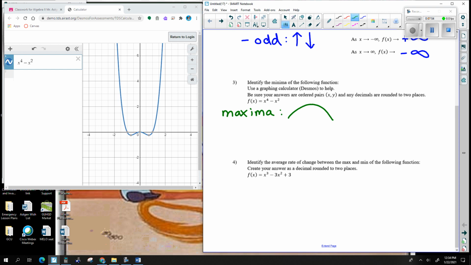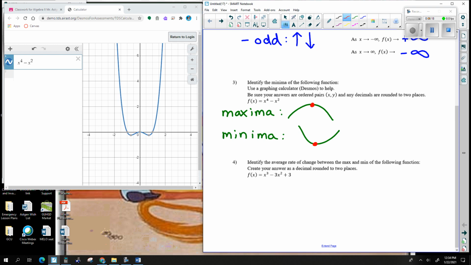That would be, where is there the tops of any bumps? Okay, that's called a maxima or maximum. Minima is the plural of minimums, and is looking for any bottoms. So any bottoms that you have, like bottoms of valleys, would be minimums.